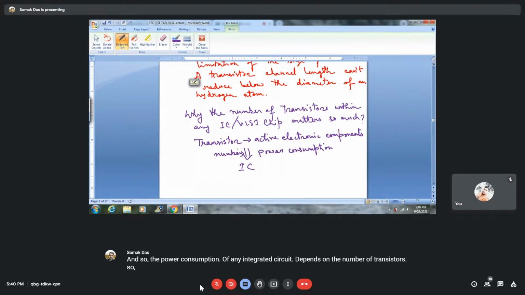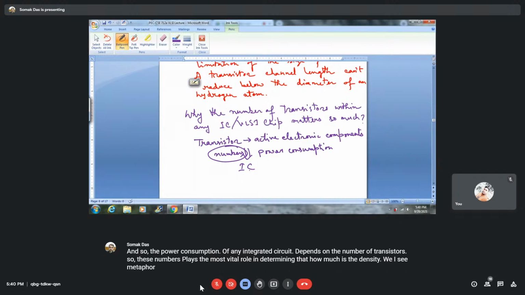So these numbers play the most vital role in determining the density which an IC is made up of, or rather the amount of energy it consumes to play an active role in its operation.